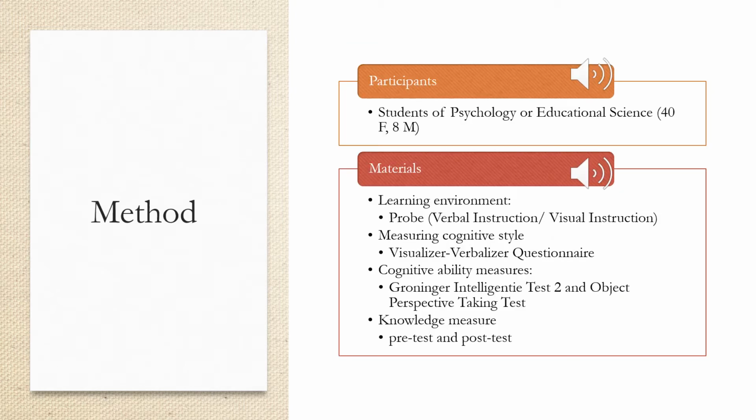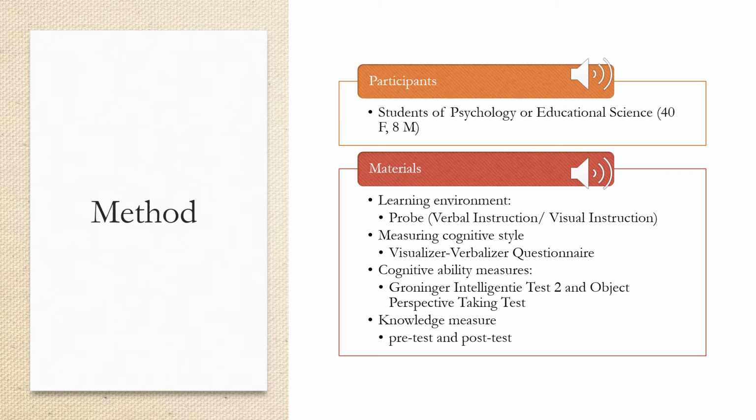The researchers recruited 48 students, 40 females and 8 males, who were majoring in psychology or educational science. The experiment was set up based on a between-subjects, pre-test, post-test design. The participants were randomly assigned to their conditions, either visual or verbal formats.